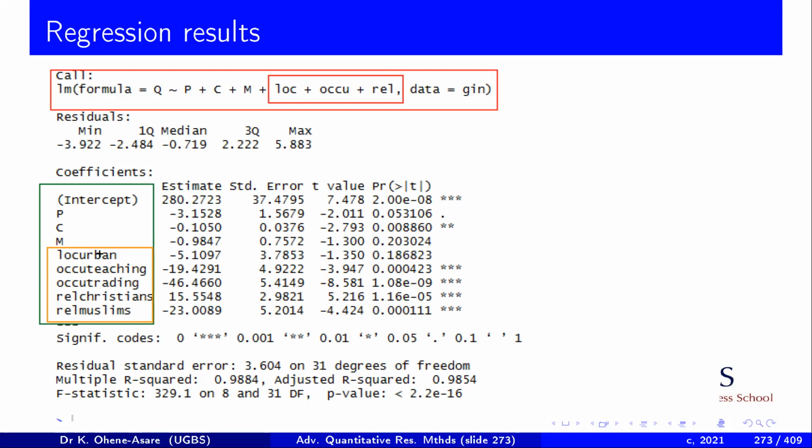Location urban, so you have beta 4 location urban, plus beta 5 occupation, plus beta 6 occupation trading, plus beta 7 religion Christians, plus beta 8 religion Muslims. And then you don't forget to add your error term, as it's supposed to be.